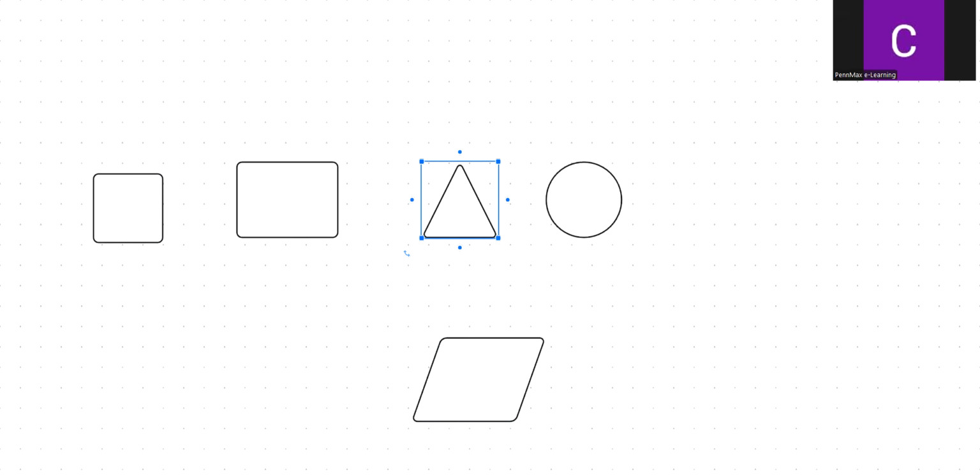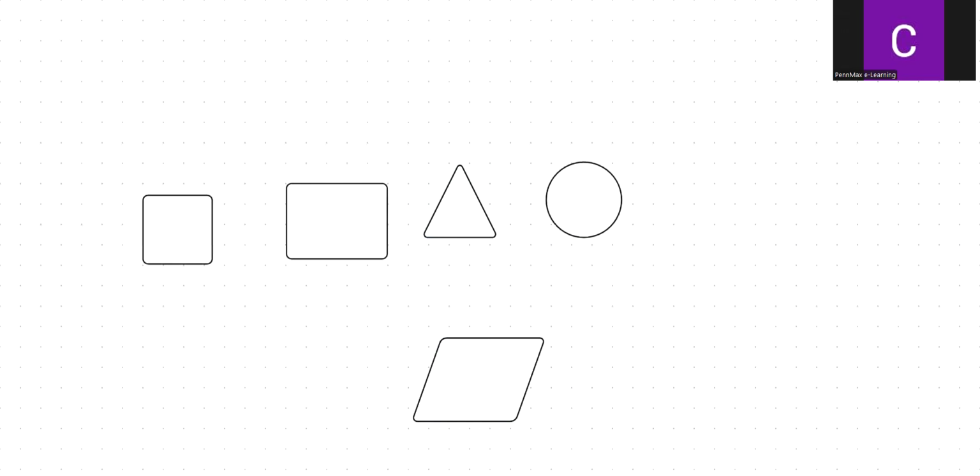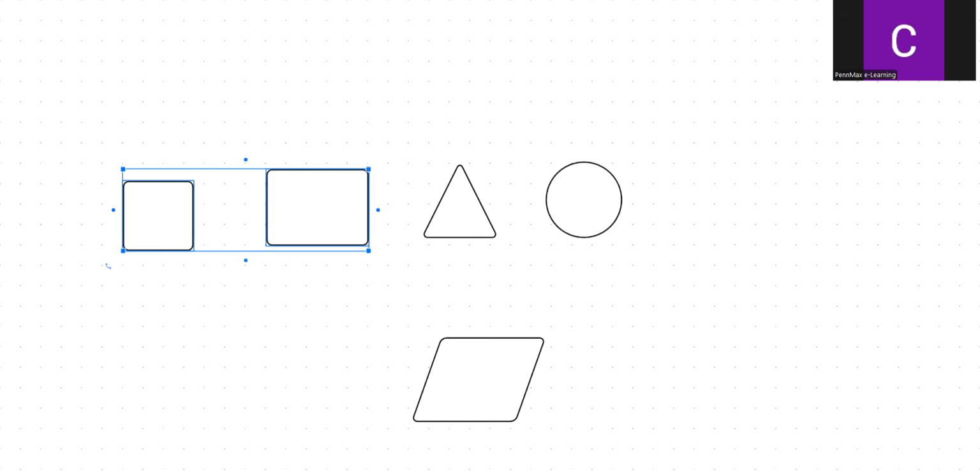So a square has four equal sides and four equal angles. A rectangle, look, it's a little bit bigger. If you fit this in, it'll take this much space, because it's larger in size.